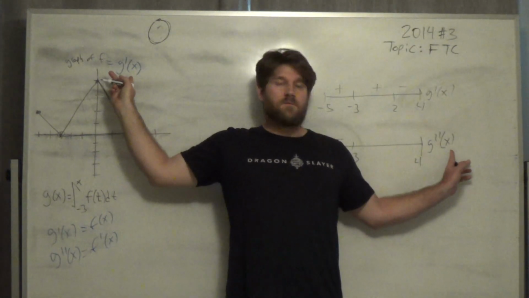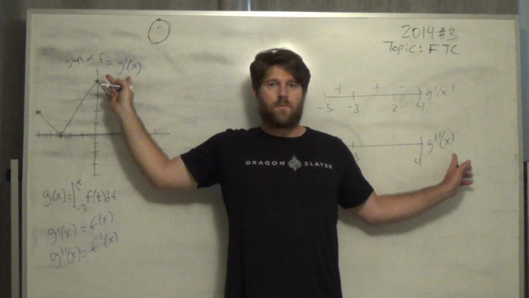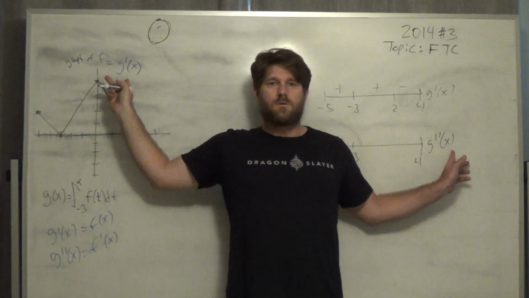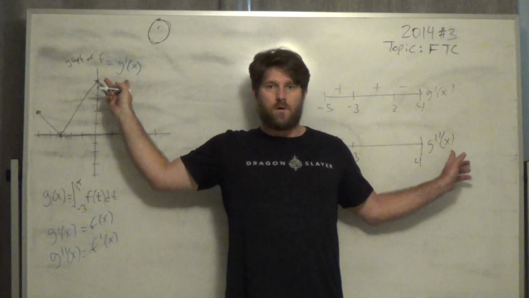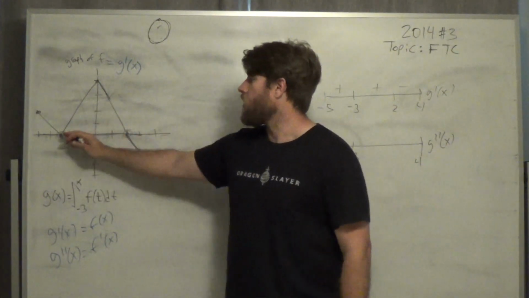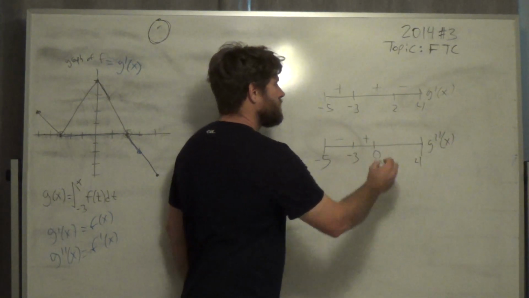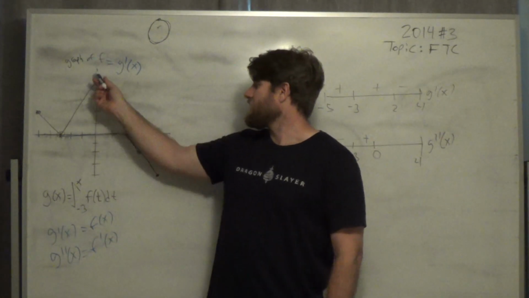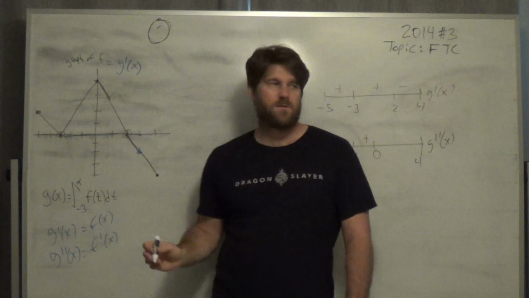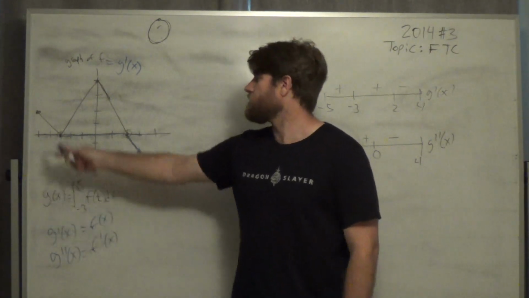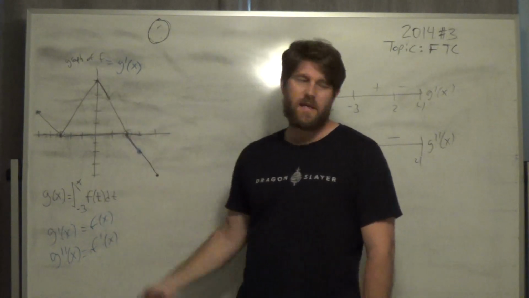We want a sign chart of g double prime. G prime to g double prime, we're talking about derivative. The derivative of g prime is g double prime. So to learn about someone's derivative, we use slopes. So all the way to 0, we have positive slopes. And then we have negative slopes the rest of the way. So my slopes were negative, positive, negative.